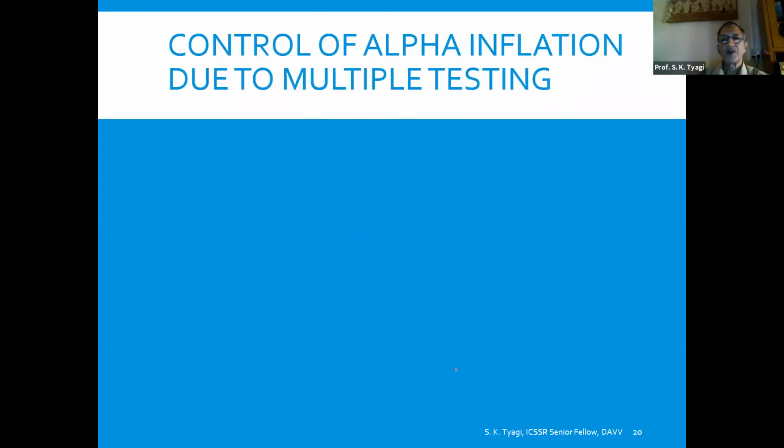Now we come to another problem, and that is control of alpha error inflation due to multiple testing. Now this is a new concept.